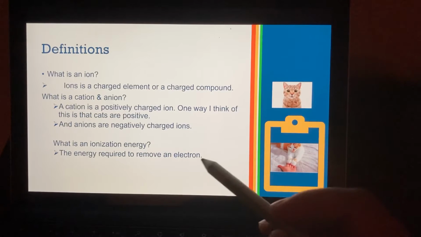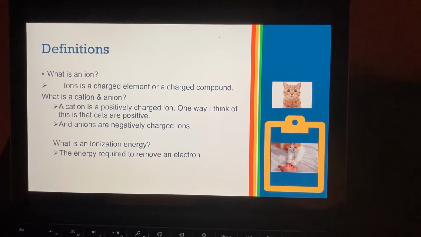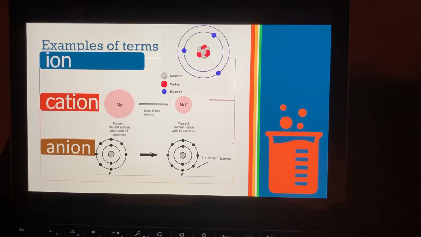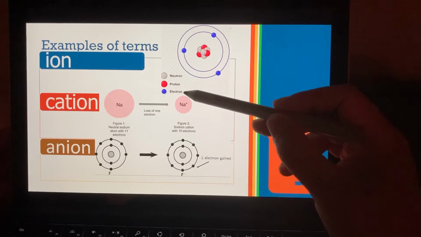And ionization energy is the energy required to remove an electron. An example of an ion is an element seen here that has its protons, neutrons, and electrons.